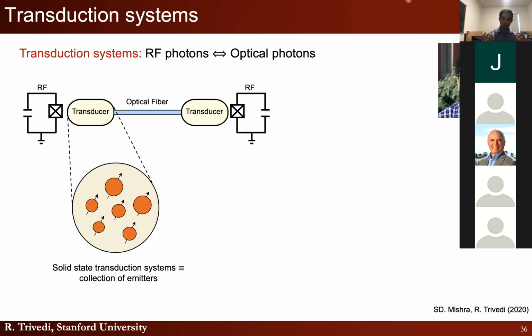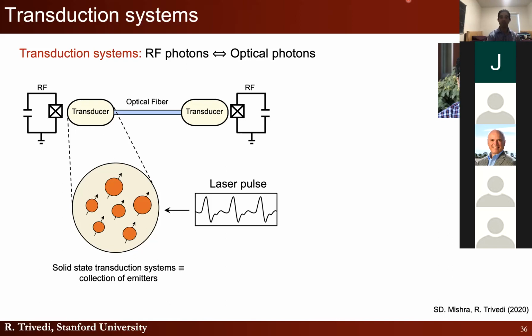There is this inhomogeneous broadening, because of your fabrication process or the way you implanted these emitters, so the emitters can have different resonant frequencies. And this negatively impacts the transduction efficiencies of these quantum systems. So one of the questions that we really had was: can we use some simple pulse design in order to compensate for this negative impact of inhomogeneous broadening on these transduction efficiencies?